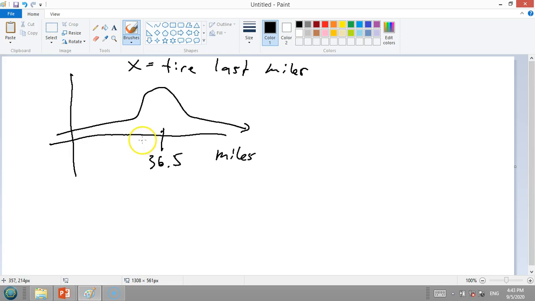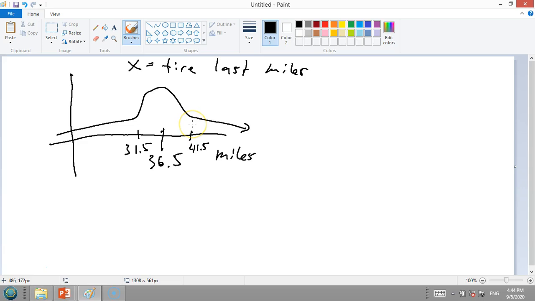And plus minus 5,000 miles is going to be here and here. So you just know this. So 68% of the distribution is there, like this. 31 and 41, and 36 is the middle.